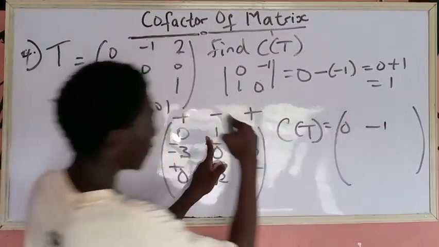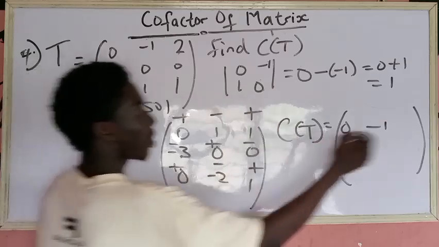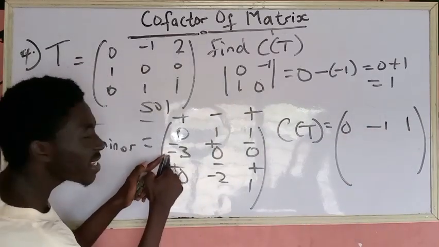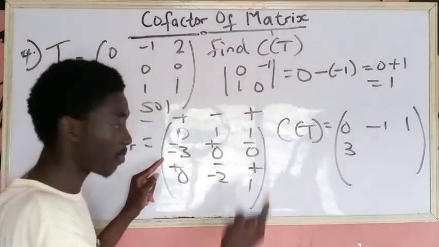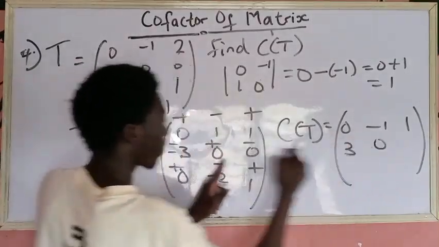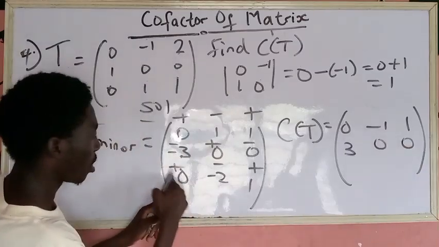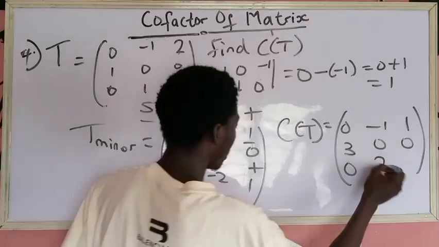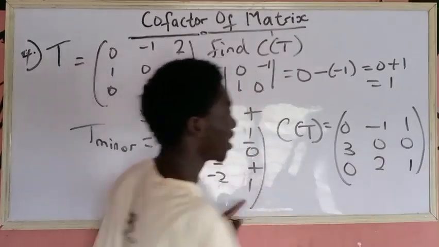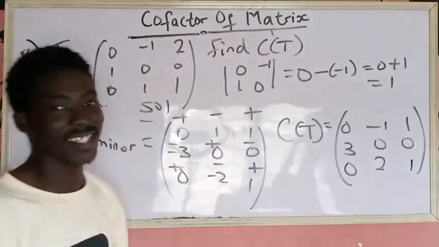A minus 1: minus and 1 is minus 1. Plus 1. This and this, minus and minus is a plus 3, because minus and minus is a plus. Plus and 0 is still a 0. A 0 here. Minus times minus is plus, you have a 2. And plus and 1 is a 1. That is the cofactor of matrix T.